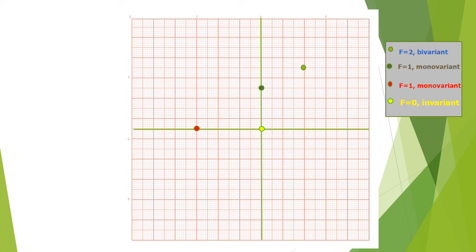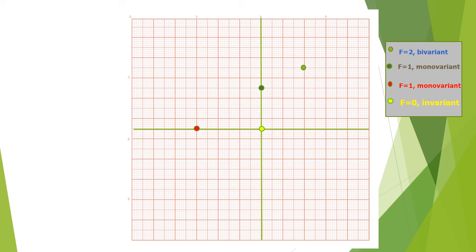Definitely you want the x value as well as the y value. Both the values you want. So F takes the value 2. It is bivariant. The first quadrant, second quadrant, third quadrant, fourth quadrant are all areas. In a given area, to define any system, the system is said to be bivariant, right?